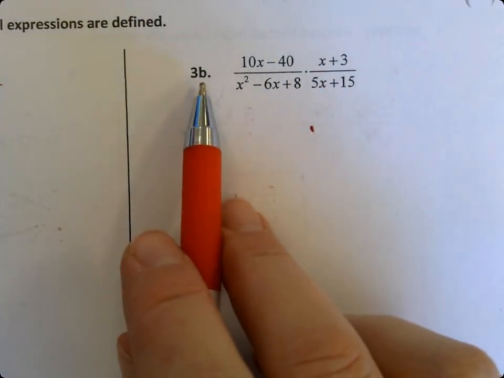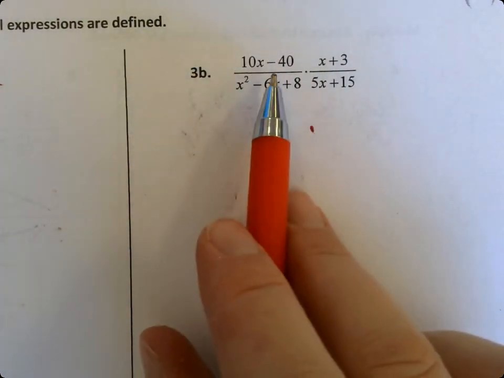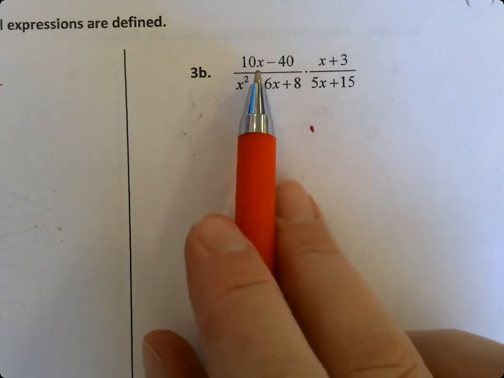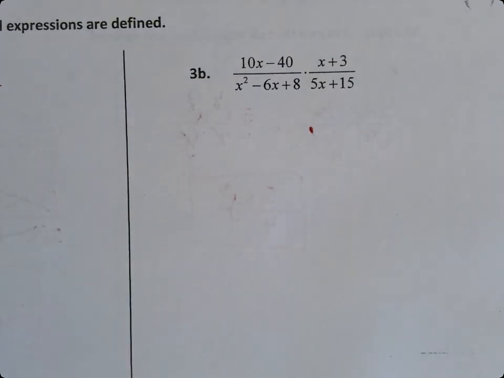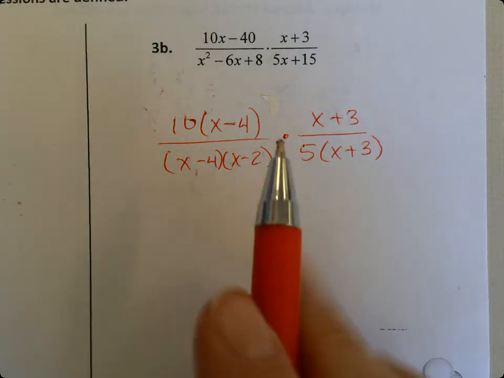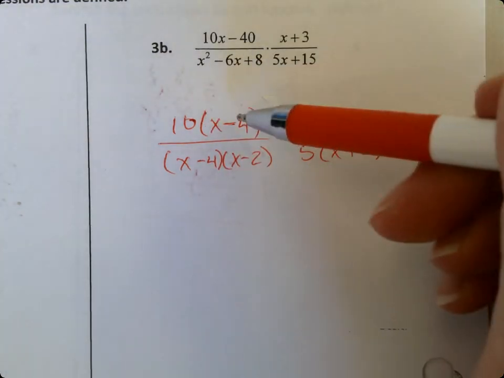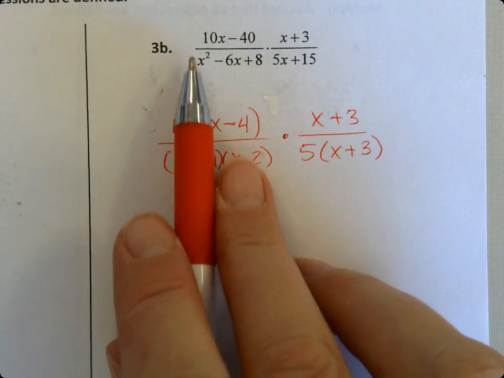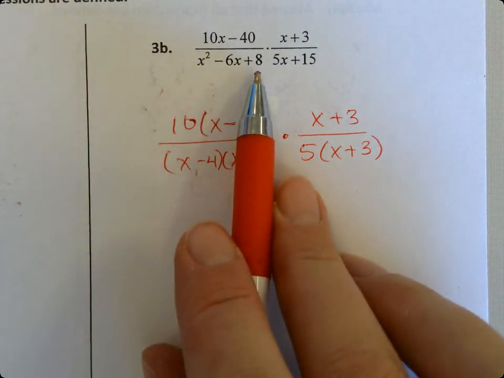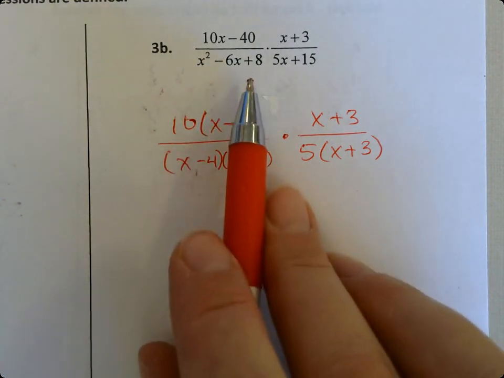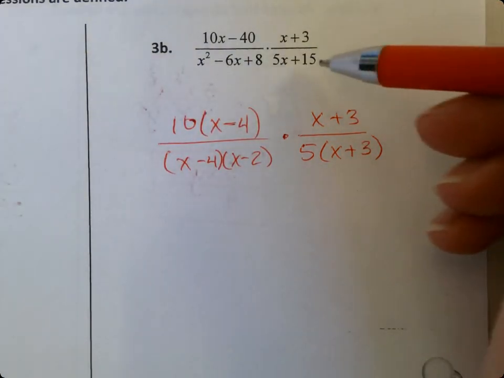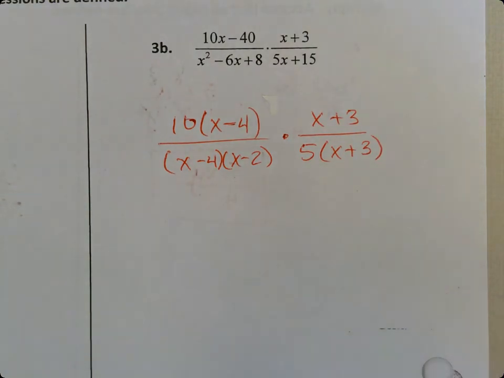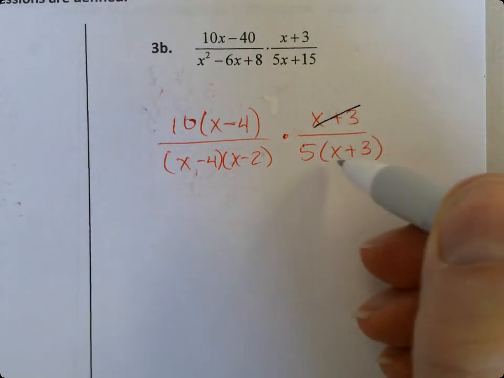All right, 3B. Go ahead, take a minute. This is still multiplication, so factor all 4 pieces if possible. All right, so we took the GCF of 10 out of the top. The bottom was the easier factoring since A was 1. We chose to do a -4 and a -2, but you have to make sure your signs are right. X plus 3 stays in a GCF of 5. So I can cancel out the x plus 3.